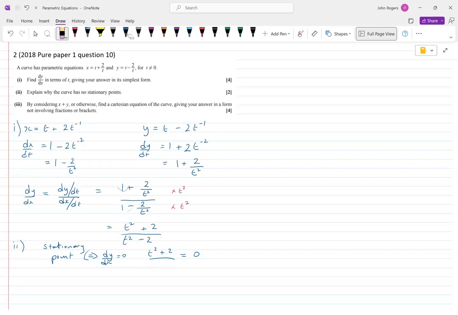The bottom bit, so long as it's not 0 itself, doesn't matter. So we can just say this is not possible. You can either say t squared equals minus 2, impossible, or you can say t squared is greater than or equal to 0, so t squared plus 2 is greater than 0, so it's not possible. Whatever, you just say there's no real root, but we do need to explain, so therefore there's no stationary points.